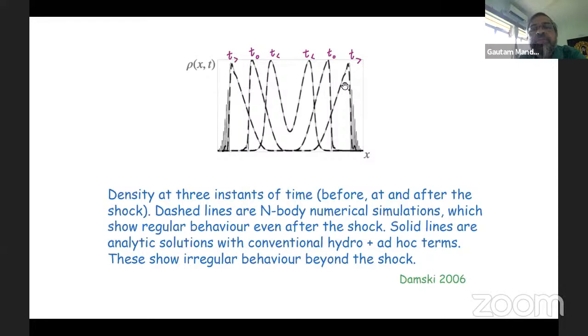If you do that, there is a time T naught at which you see that the thing becomes vertical. It's a symmetric profile on left and right, so it becomes completely vertical at this time T naught, and therefore you cannot go beyond in the usual way.